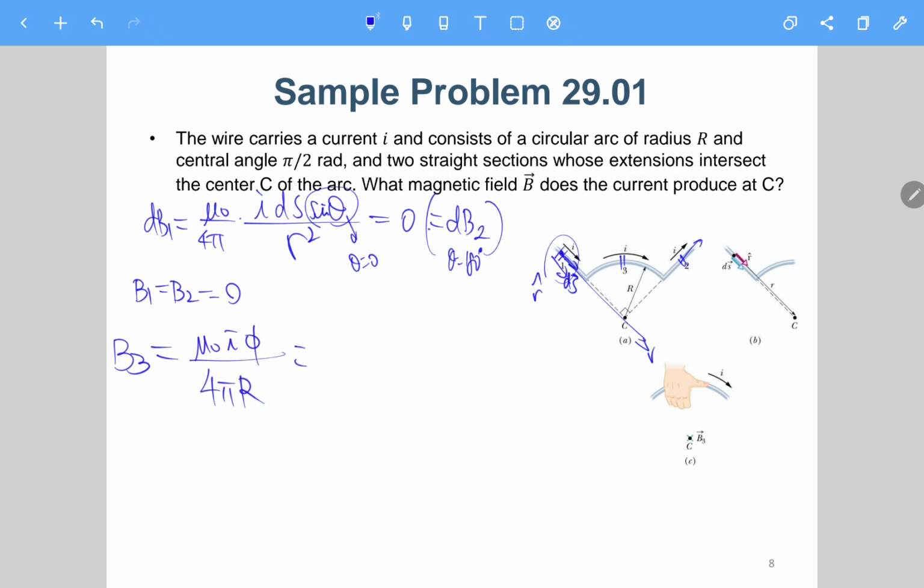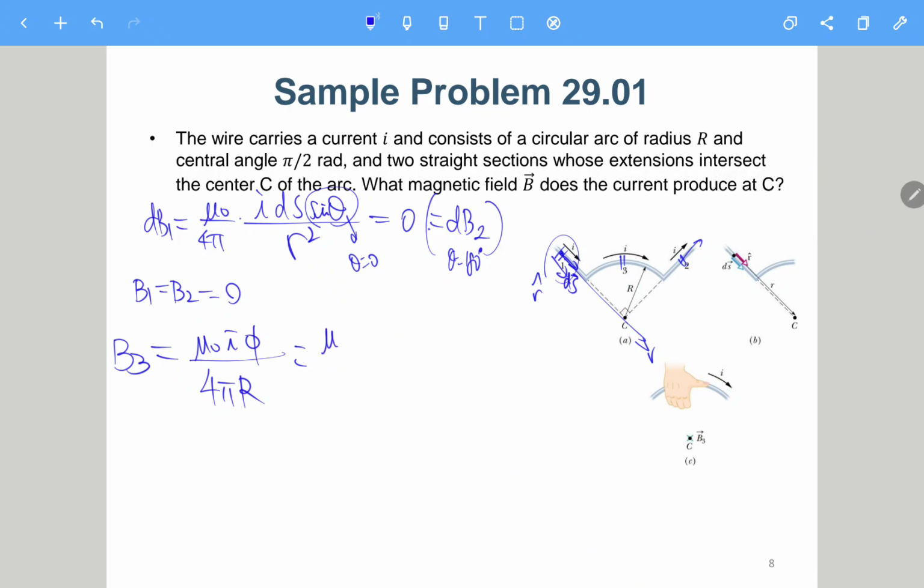Mu is 4 pi times 10 to negative 7, so mu over 4 pi is 10 to negative 7. And then times I. There is no variable provided, so I just keep all the symbols.